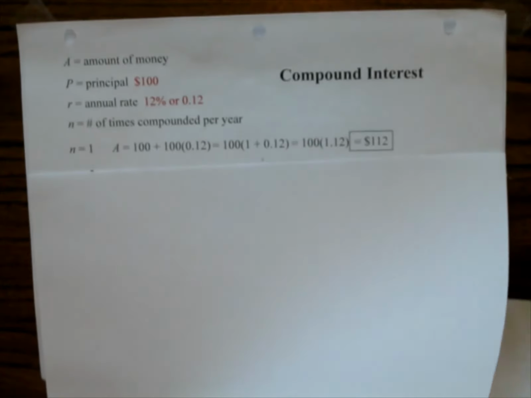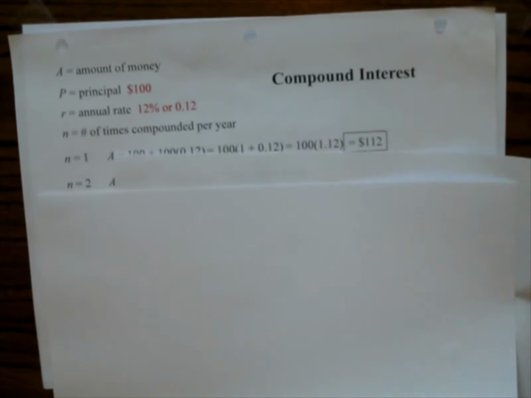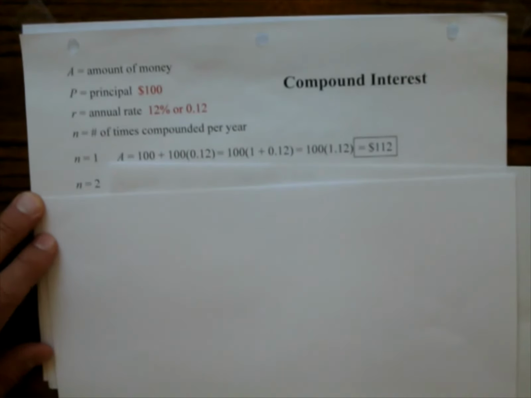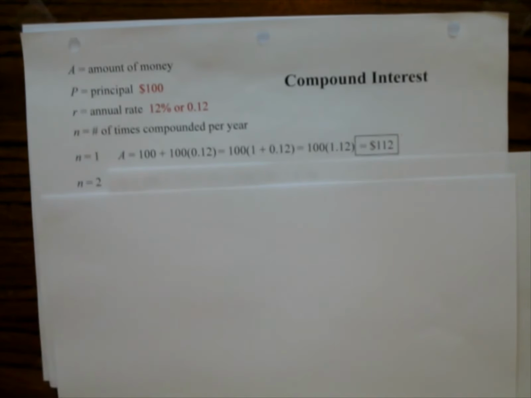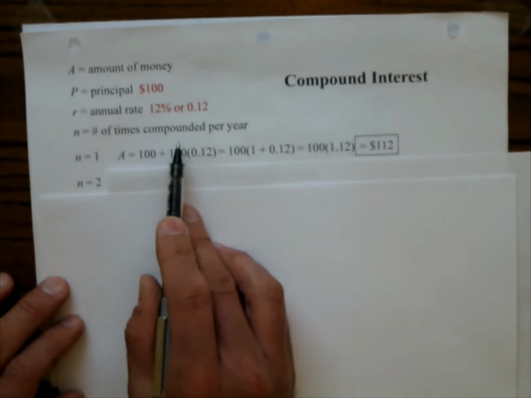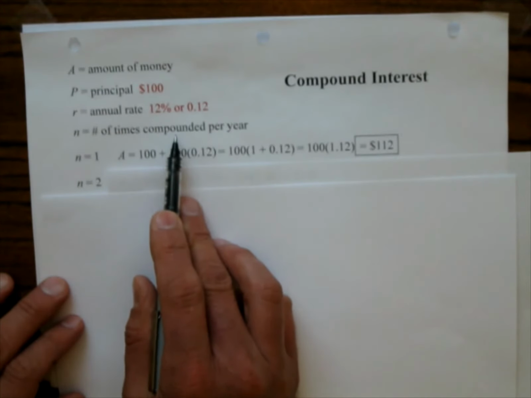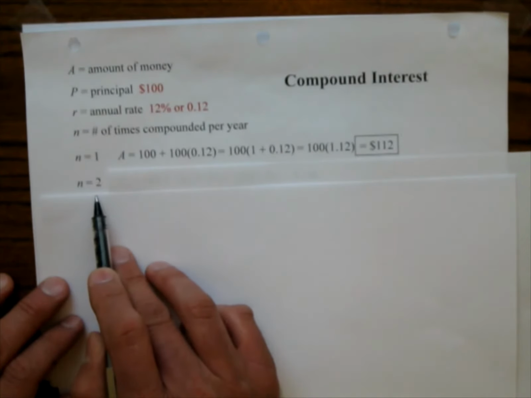So now what we're going to do is let N equal 2. This is really high tech with the pieces of paper covering up things. How much money would you have if instead of being compounded once a year, it was compounded twice a year?